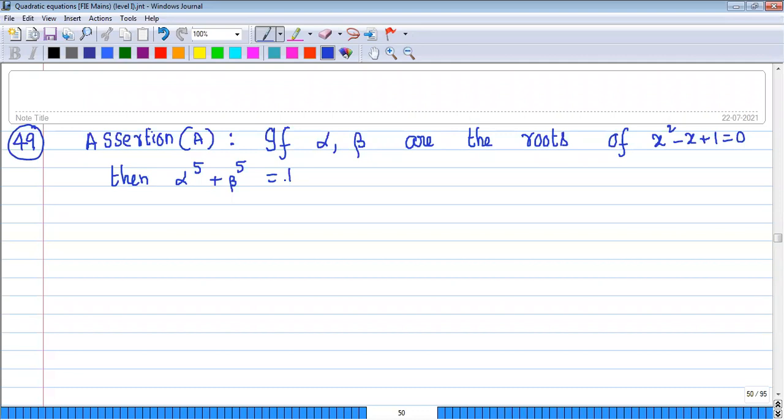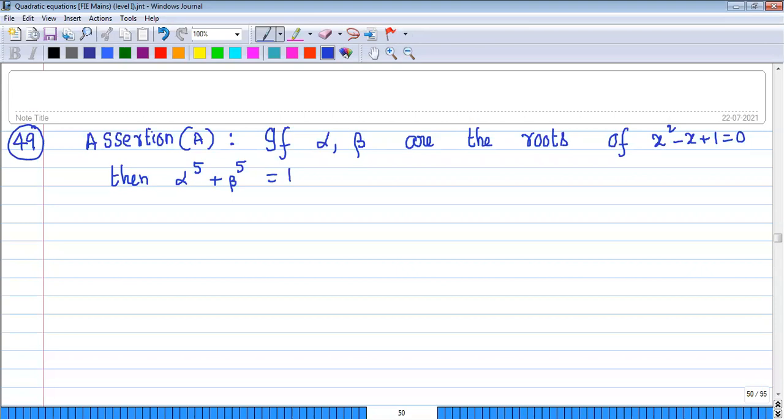This is the assertion. Assertion means statement. That means we need to test whether the given statement is true or false.